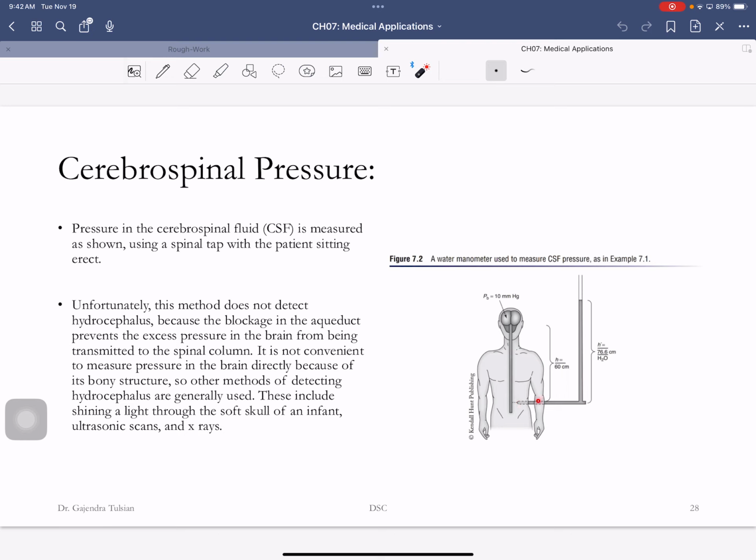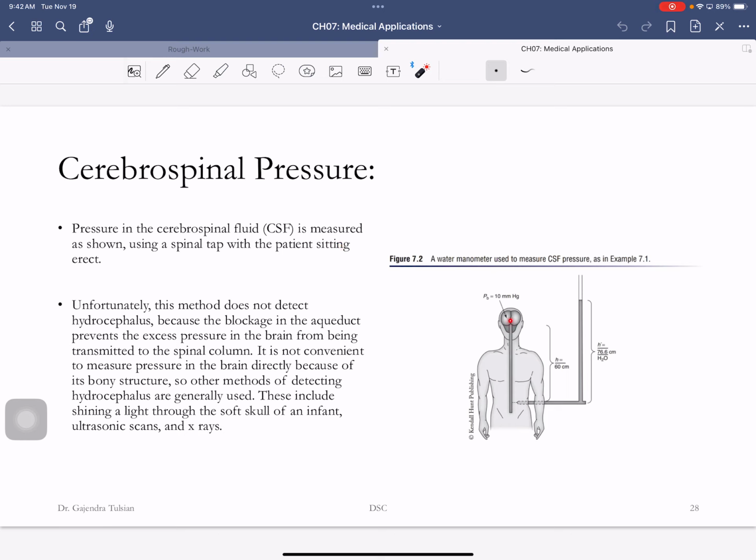You use a saline solution, and you're measuring the pressure of this column of cerebrospinal fluid. You have to sit erect, okay, and this is a saline solution that you're using, okay. So pressure in the cerebrospinal fluid is measured as shown using a spinal tap with the patient sitting erect, okay.